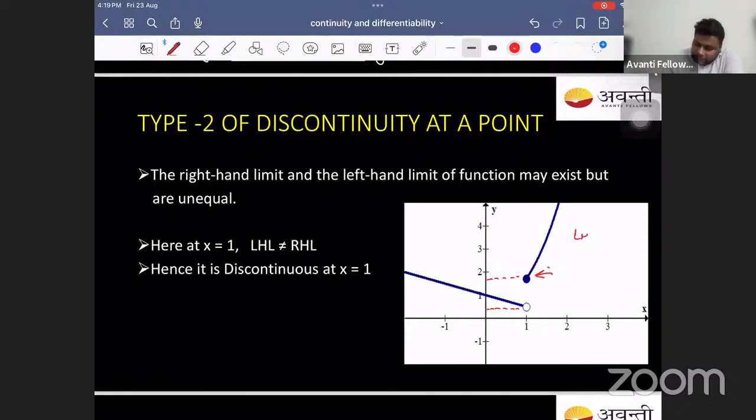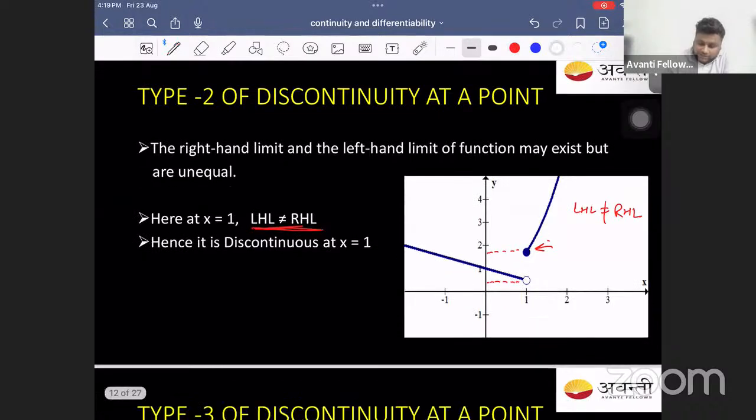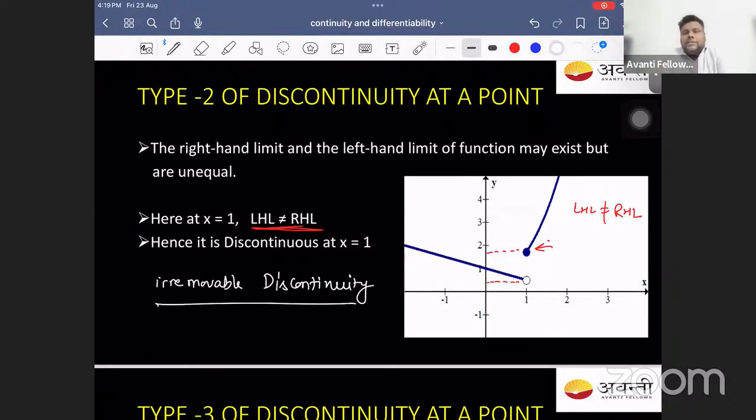So LHL is not equal to RHL. Here at x equals 1, LHL is not equal to RHL. This is called irremovable discontinuity.